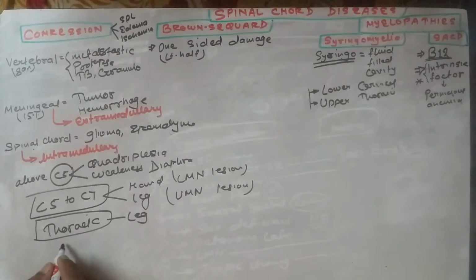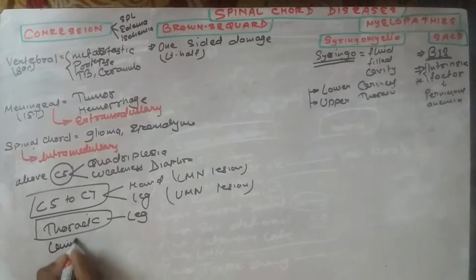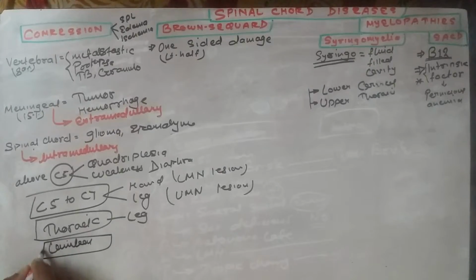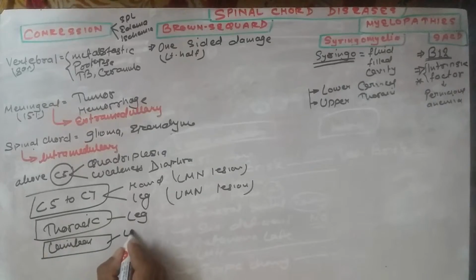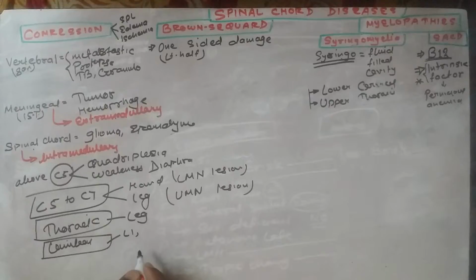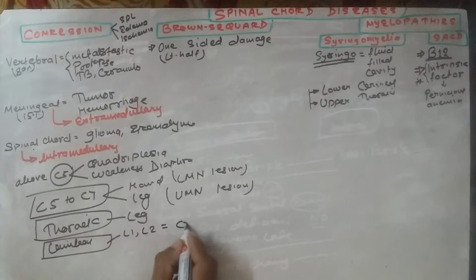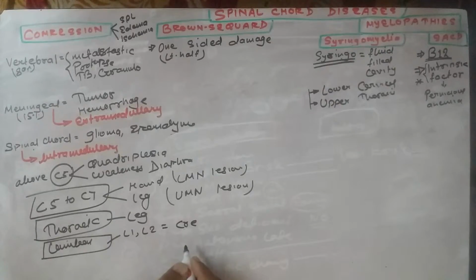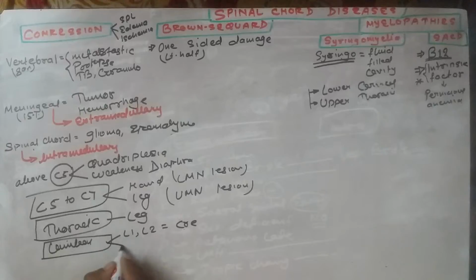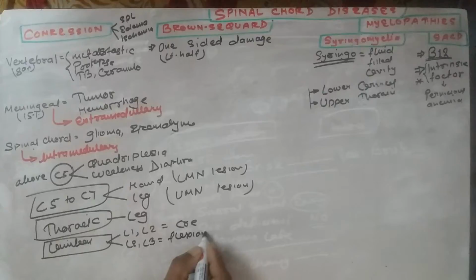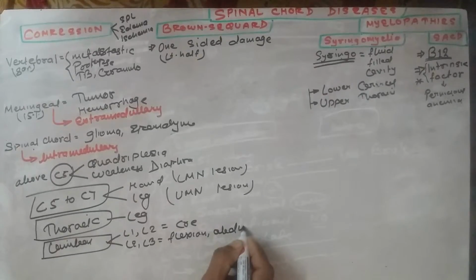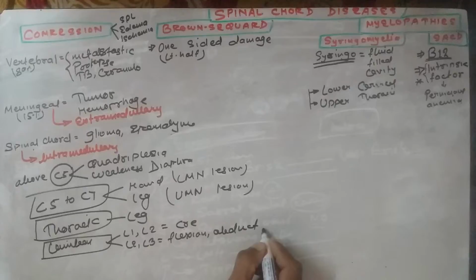And in the lumbar and cauda equina portion, if it is of lumbar origin, L1 L2, then the cremasteric reflex is affected. In L2 L3, paralysis of flexion and abduction of the thigh, flexion and abduction of the thigh is lost.